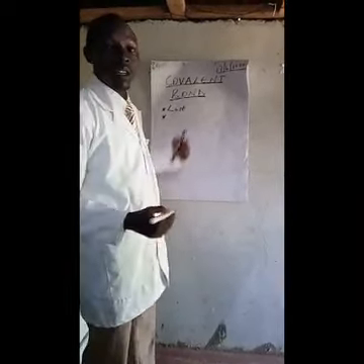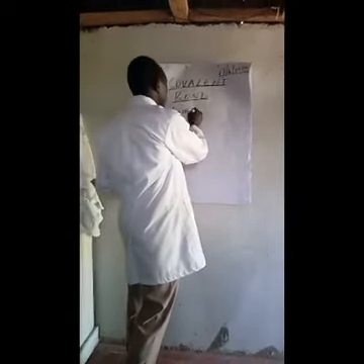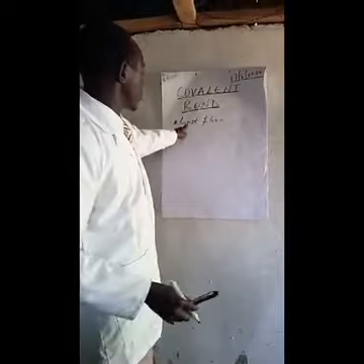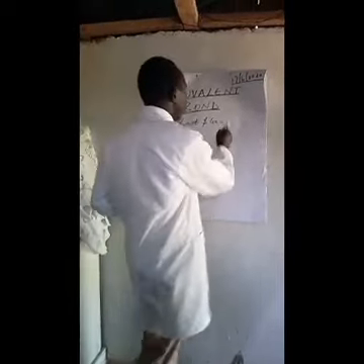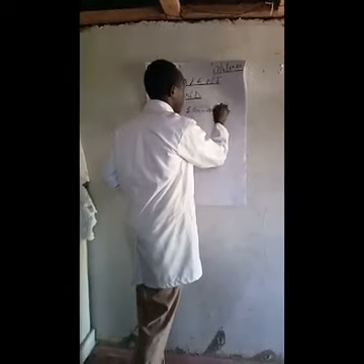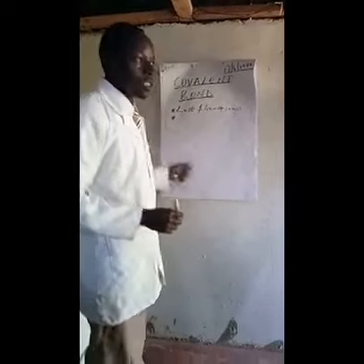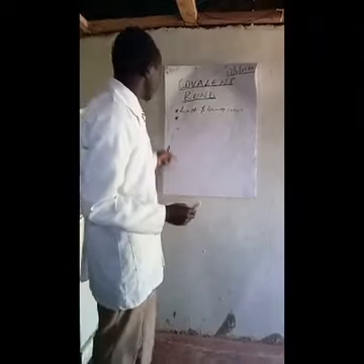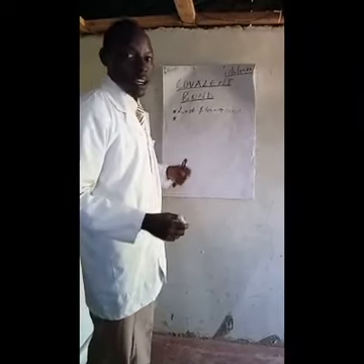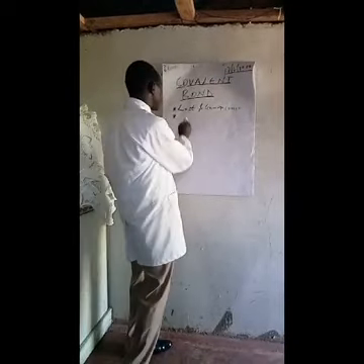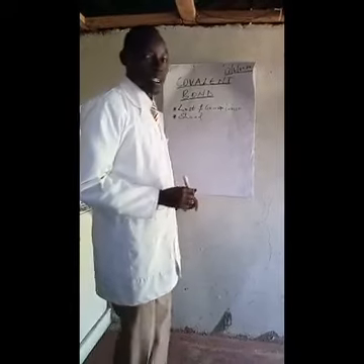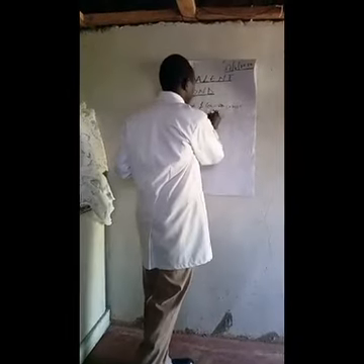When an electron is lost, another atom gains. So when an electron is lost or gained, we are talking of ionic bond. The other instance is that instead of gaining and losing, electrons are shared. So electrons can be shared. This now makes covalent bond.